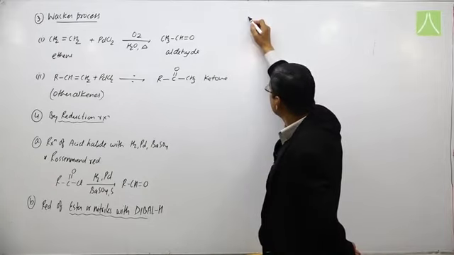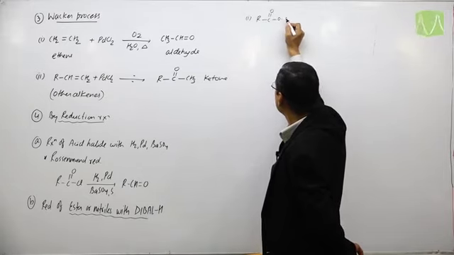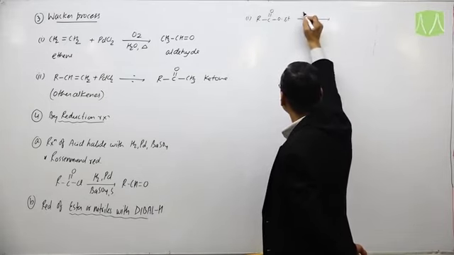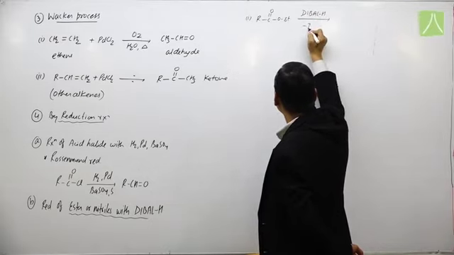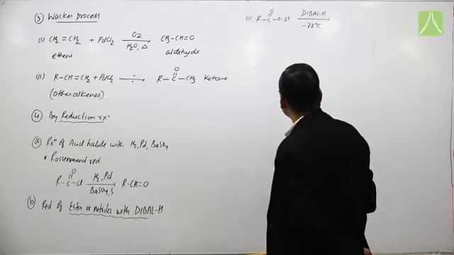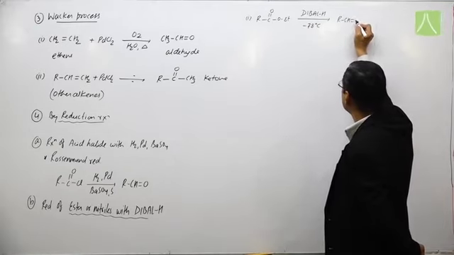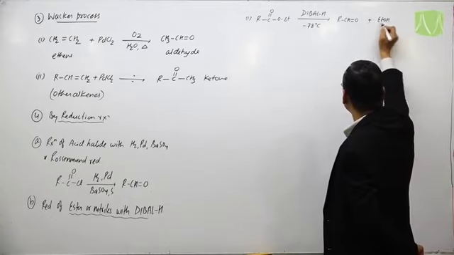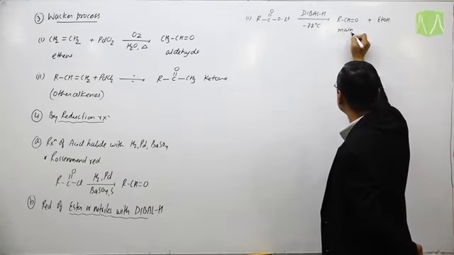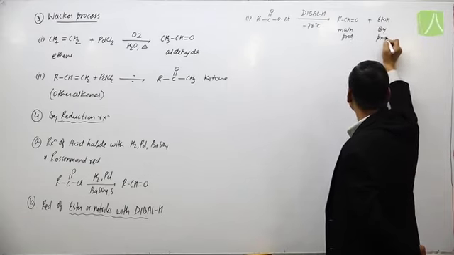I take the example, suppose I take the ester like this, OEt. Then by reaction with DIBAL-H at low temperature, minus 78 degrees centigrade, RCHO is the product and EtOH is the byproduct. This is the main product and this is the byproduct.